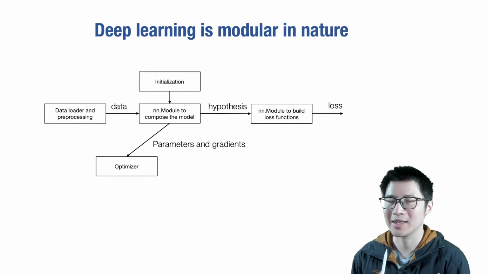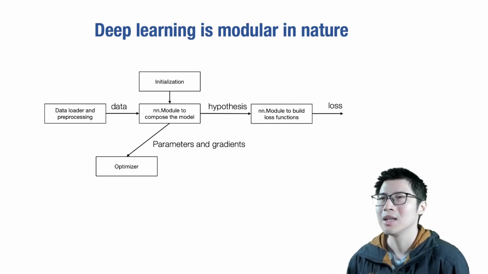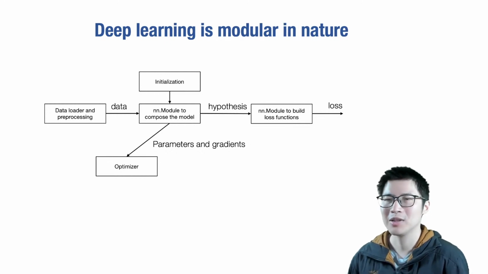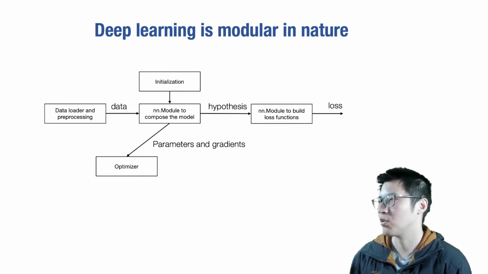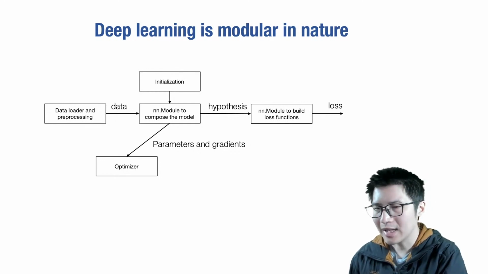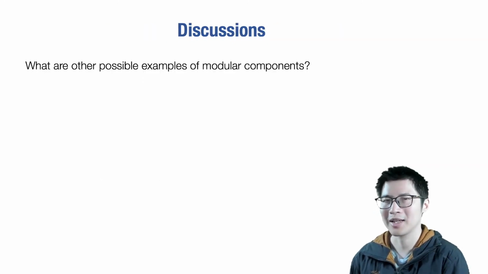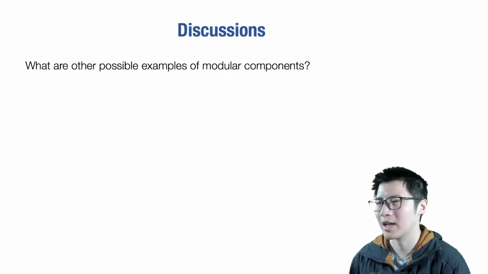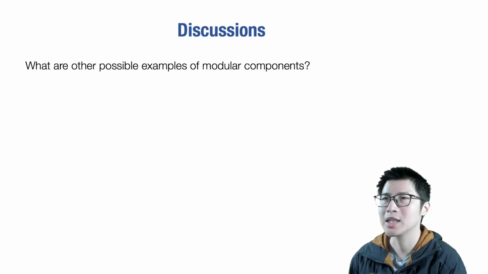Everything composes well with each other, so that we can customize one part while working together with the rest to get an end-to-end solution. And that is one of the secret sauces for why deep learning and deep learning frameworks have come back and dominate a lot of machine learning.